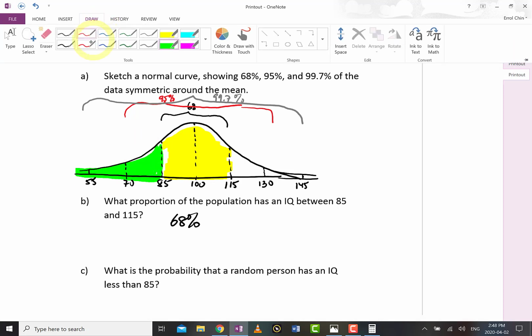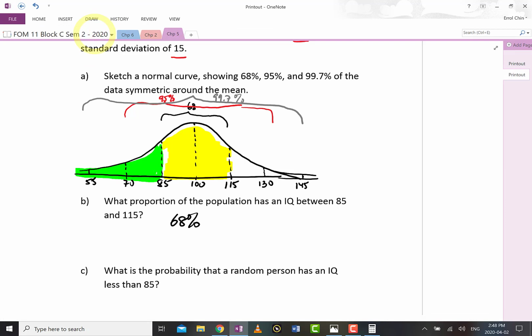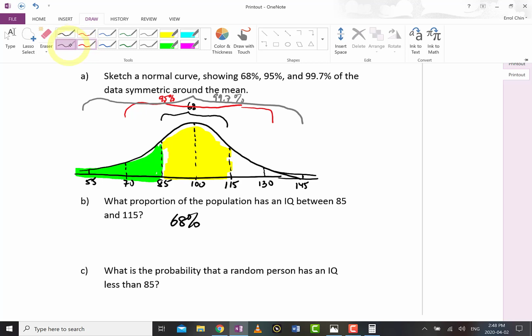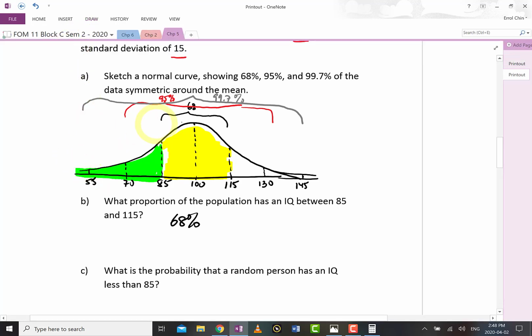Well, there's a couple ways to do it, but I think the easiest way is to recognize that everybody from this point on to the left works out to 50% of the population. Well, if that is worth 50% of the population, this particular portion right in here, isn't that worth 34%? Just this part that I'm highlighting in red?